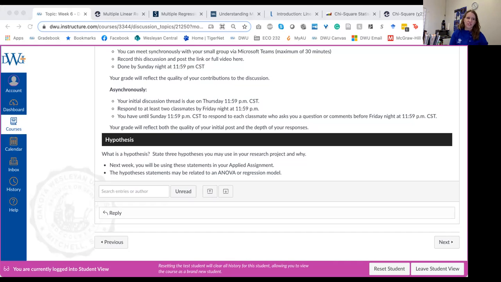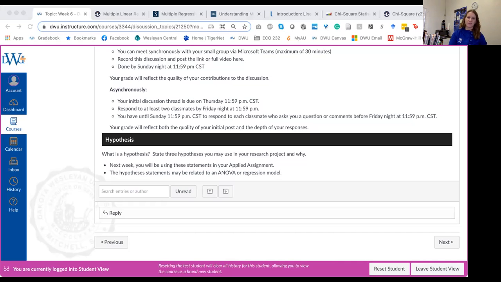When we're looking at regression, we're looking at a relationship between variables, either between two variables or between three variables, like one dependent and one independent, or one dependent and multiple independents. So going back to my cropland example, I could say that my null hypothesis is that no relationship exists between rental cropland price and corn yield.